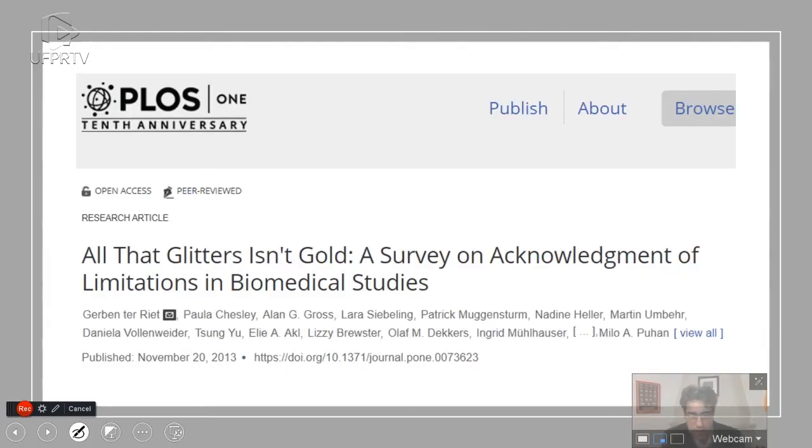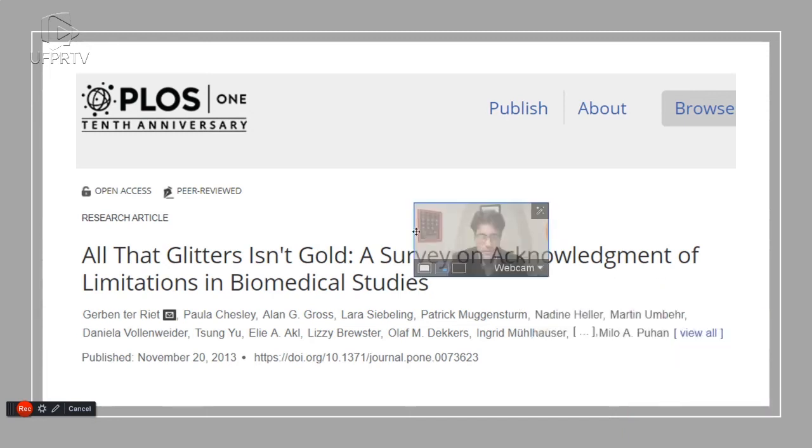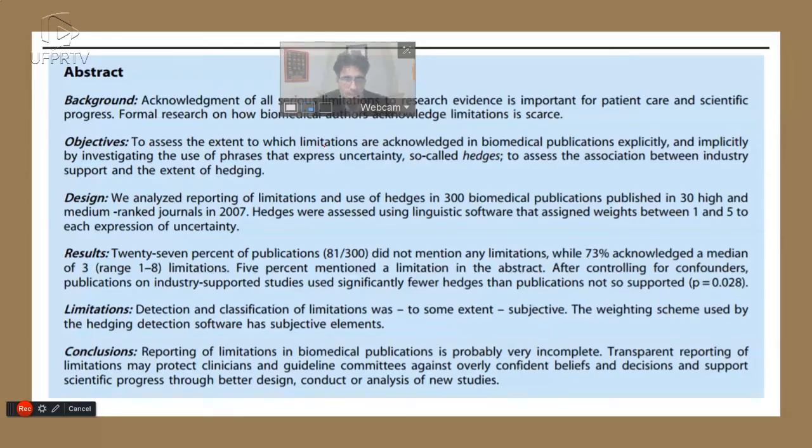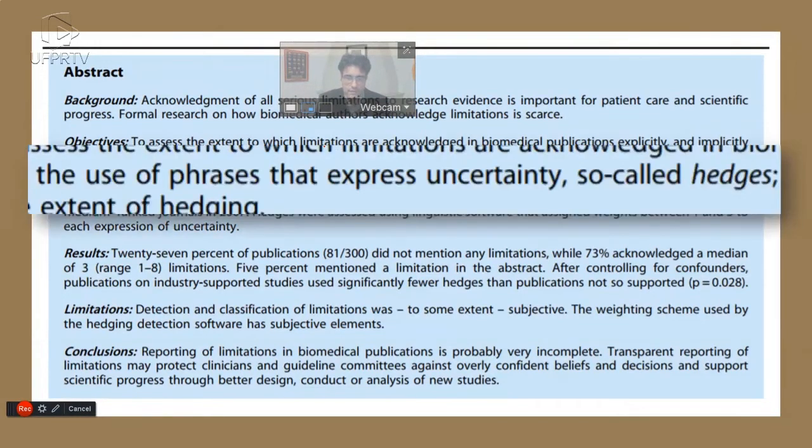In that study that I mentioned earlier, this study of limitations in studies, they also go into a very important aspect of talking about limitations that I want to emphasize in this class today. They mention, as I talked about earlier, this idea of hedges.